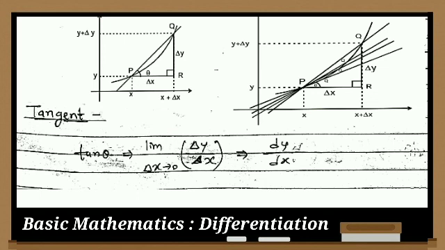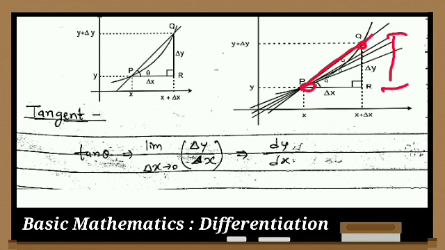Let's see. Suppose this is the starting position where the straight line is drawn, and in this condition the length of delta y is up to here and the length of delta x is up to here.